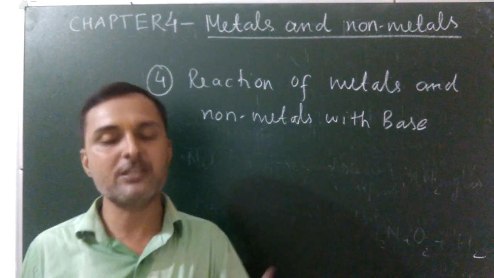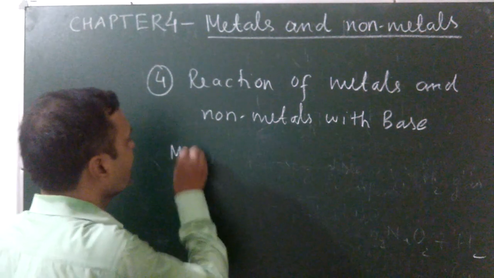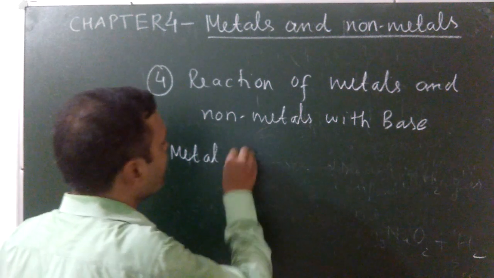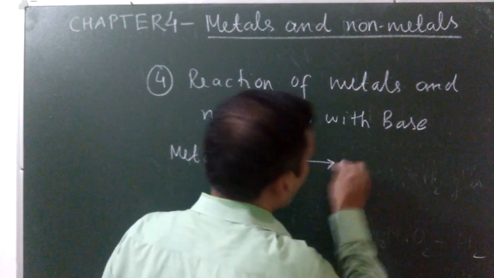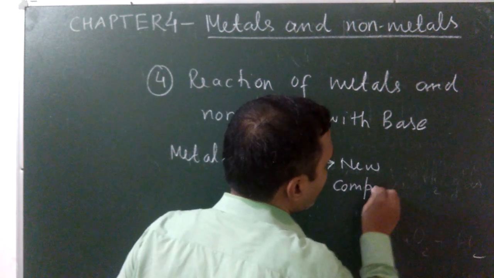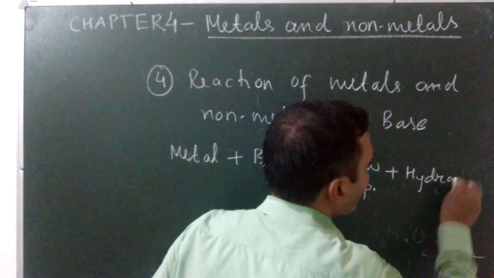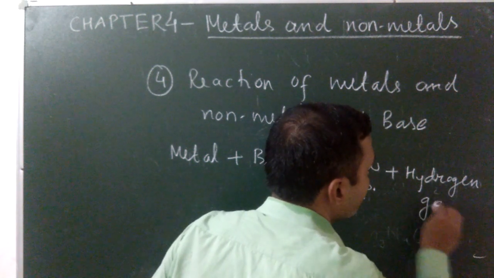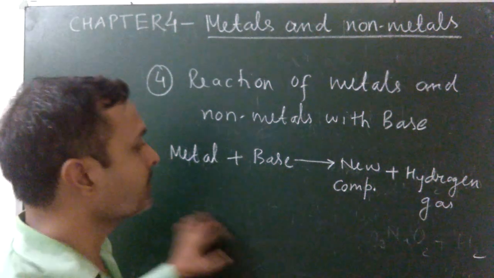So I will explain which new compound is produced. Now see, suppose metal plus base, it will give a new compound, and releases hydrogen gas. In your book the new compound is given, but I will explain what these new compounds are.